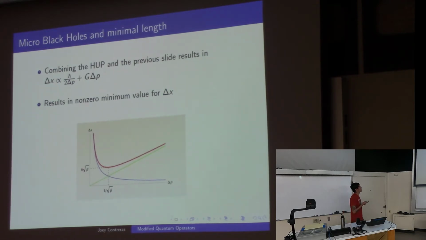In fact, if you look at this graph right here, we can see where the individual things are. This blue line represents the standard Heisenberg uncertainty relation. This green line is where the proportionality to G and the mass came into effect. And this red curve is the resultant of them all. And so, looking at a curve like this, we actually do get a non-zero minimum value for the uncertainty in position.